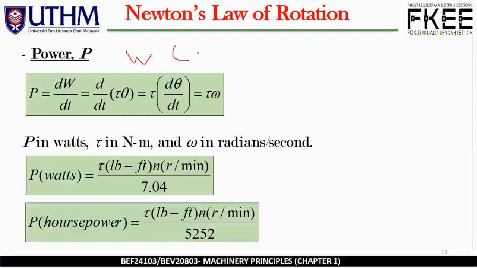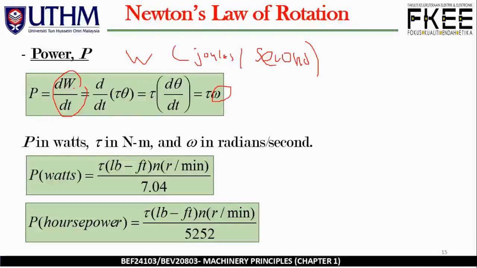And what is the definition of power? It is the rate of doing work, the increase in work per unit time. So this is how we derive P, which is the rate of doing work.